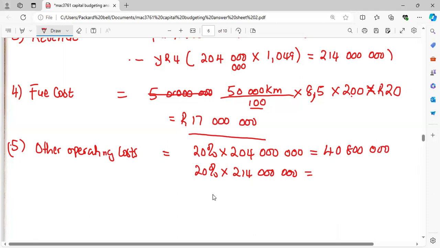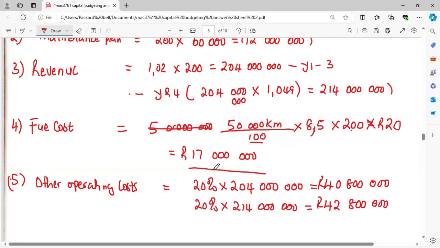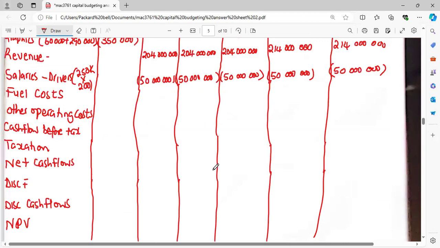And the second one? 42,800,000. Right, then we'll be done with this part of the calculation. So let's go and fill in the figures, which is 17 million for fuel cost. So our fuel cost is going to be 17 million per year.